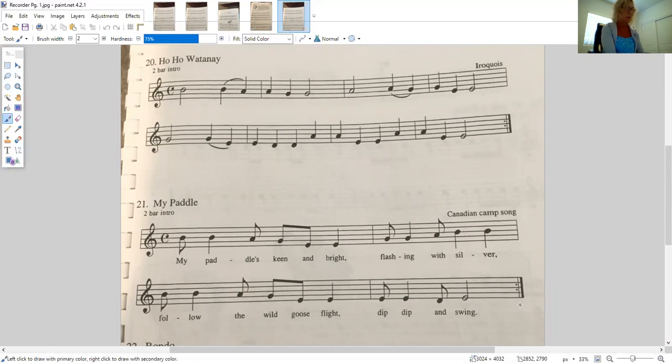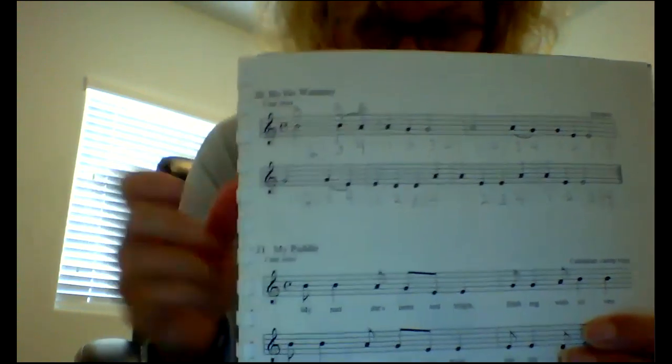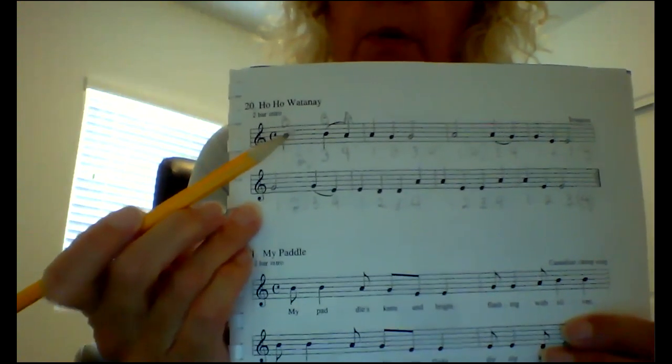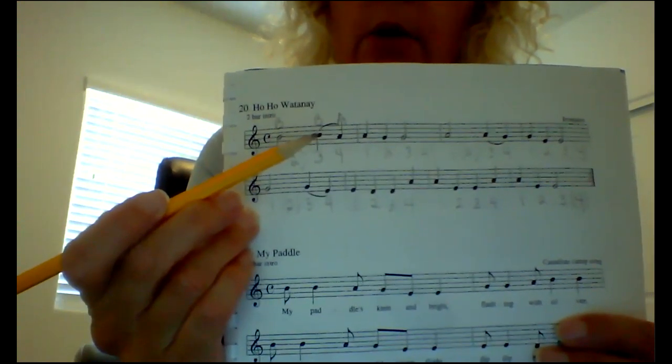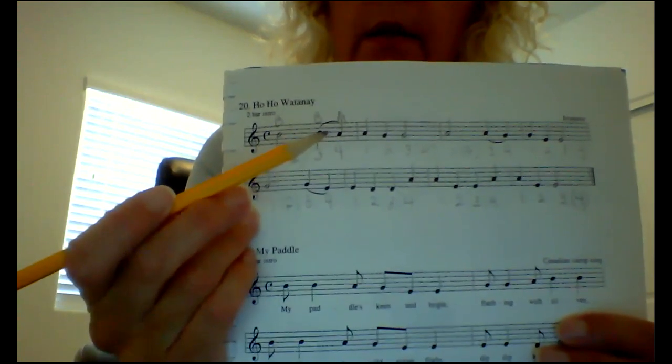So I've got B, B, and look, is it going up or down from B? The note head is what I look at. Be careful. Kids, sometimes we get mixed up, don't we? When you do your notes, you're looking at the head of the note, the round circles. So you can say, this one's in the same space, on the same line, and this one goes down to the space below it.